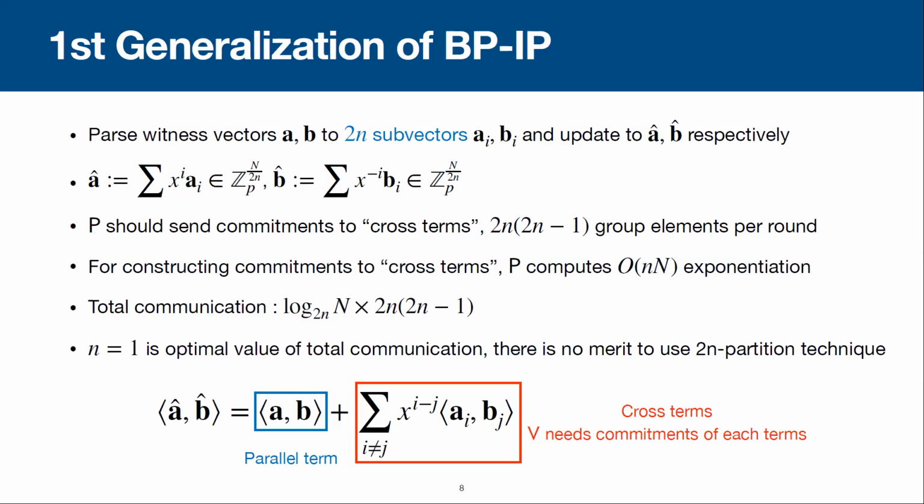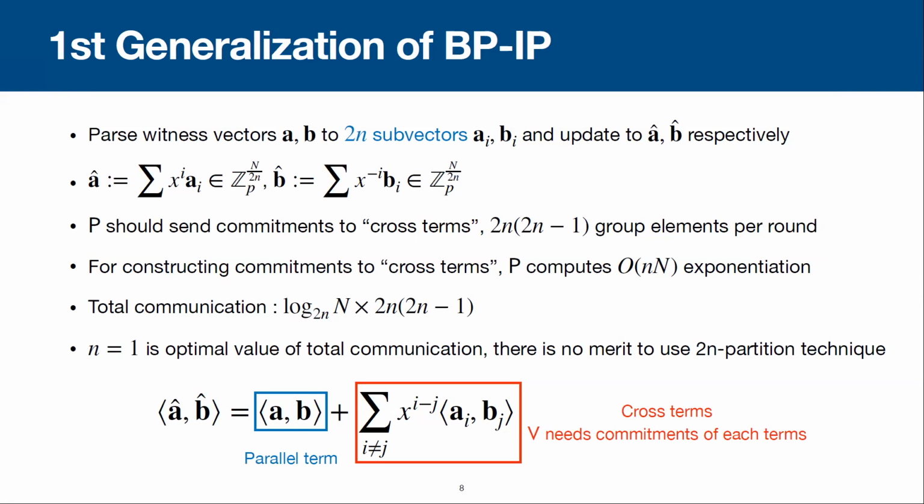The prover parses witness vectors A and B into 2n subvectors and updates to A hat, B hat recursively. And A hat, B hat are updated following the relation.